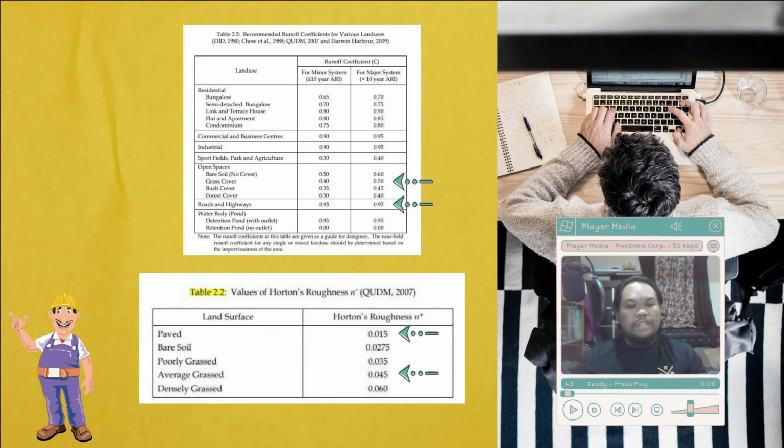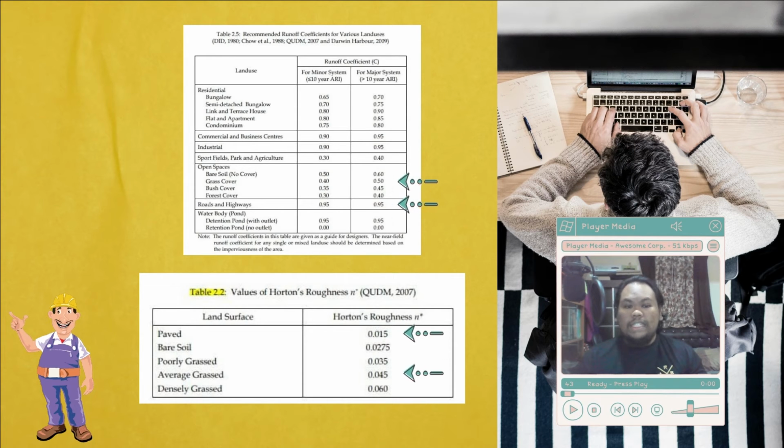The runoff coefficient is selected according to the condition of the study area, according to table 2.5 in MSMA. According to table 2.5, the value of the runoff coefficient for 20 years for road and highway is 0.95, and for open spaces, grass cover, it is 0.5.